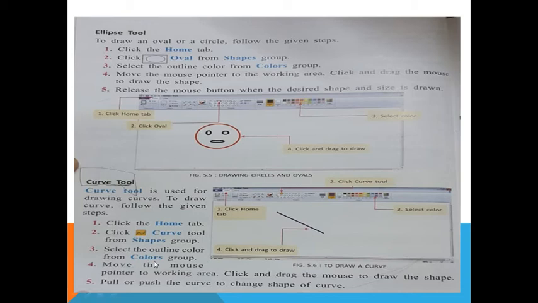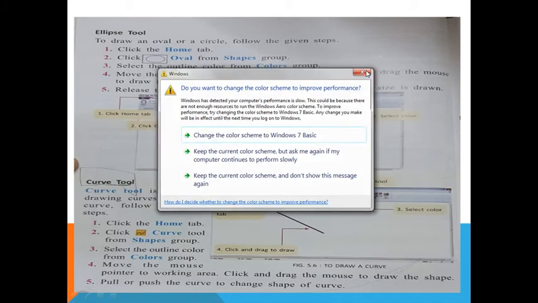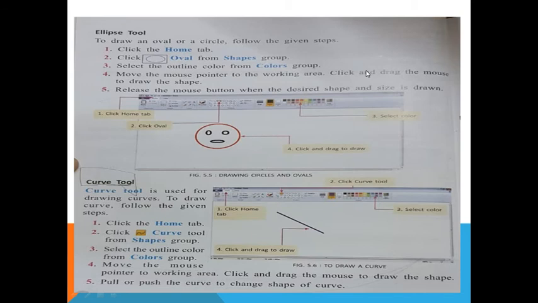Outline means this, see, it's not black, it's colorful, from the color group. Move the mouse pointer to the working area. I told you before, this is the working area. Click and drag the mouse. When you want to select here and bring here, use the shift key for the perfect shape.